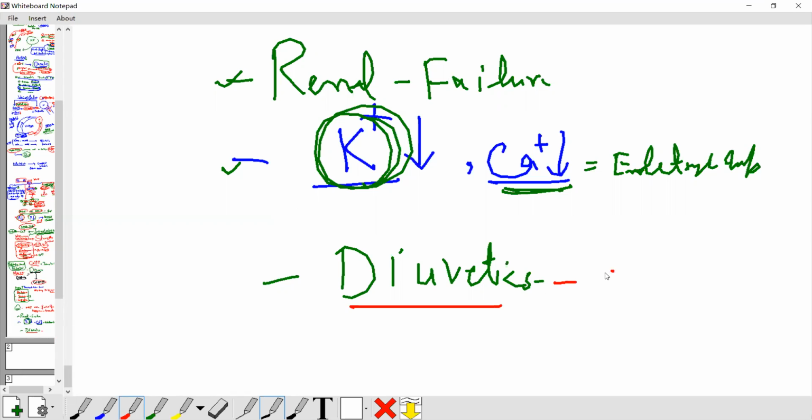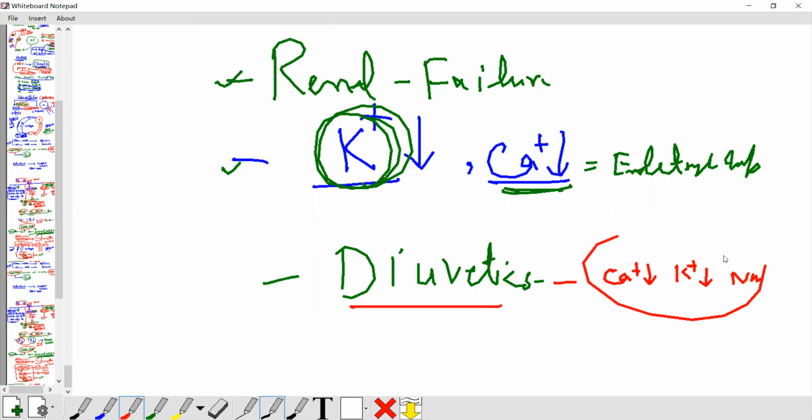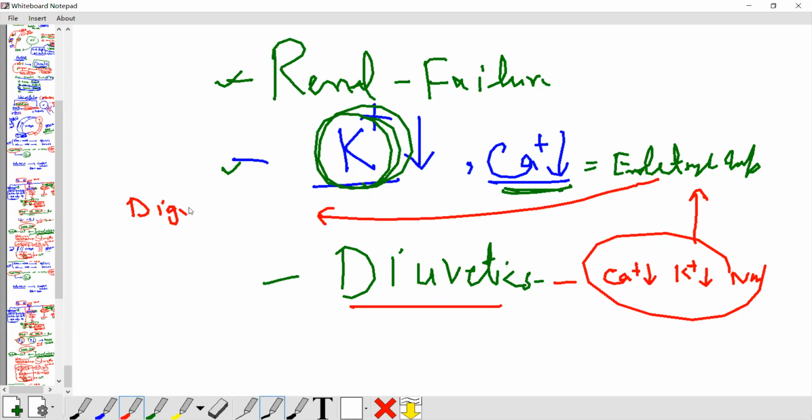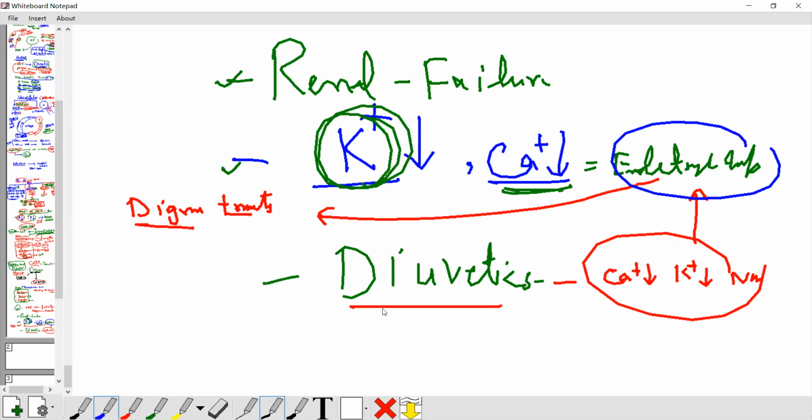These diuretics reduce calcium, they reduce potassium, they reduce sodium. What happens? Electrolyte imbalance. Electrolyte imbalance leads to digoxin toxicity. Understand? So electrolyte imbalance is very important here. Diuretics, electrolyte imbalance, renal failure.